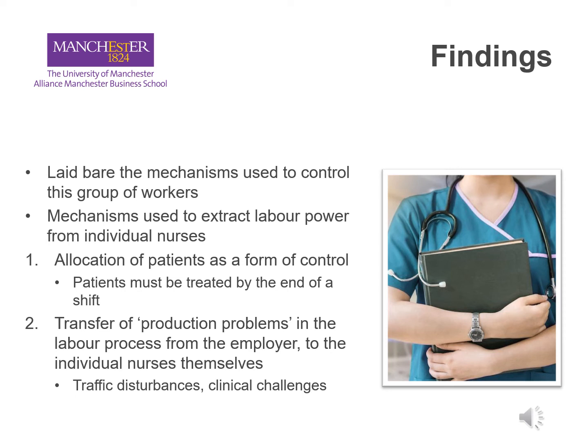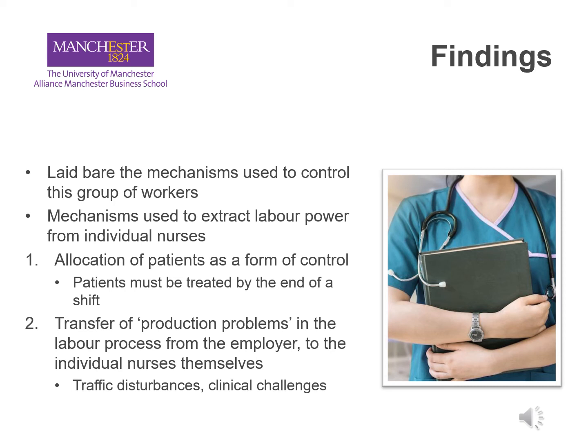Sometimes these problems were clinical issues. I remember one example where a nurse found it really difficult on one call to find a vein in a patient's arm to administer the treatment, and that inevitably delayed them for the rest of the day, and that then had a knock-on effect as the day went on.